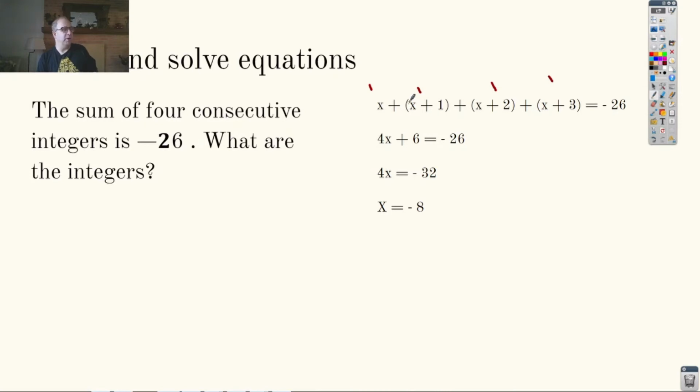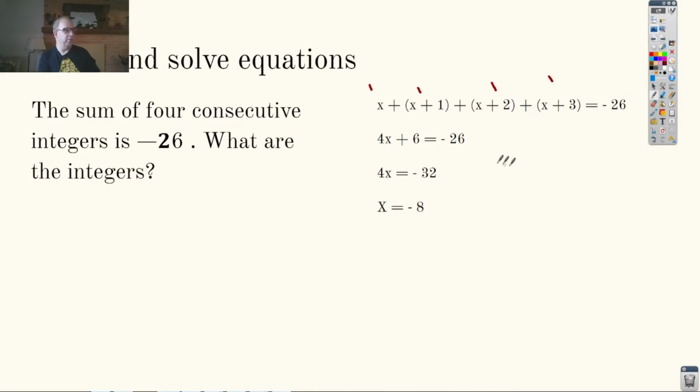So 1 times x is x, 1 times 1 is 1, and the parentheses are gone. So don't get confused with parentheses. They are here so you can see more clearly the 4 terms. I add up the x's, I have 4x. 1 plus 2 plus 3 is 6. Got it? Now I have my equation, 4x plus 6 equals negative 26.